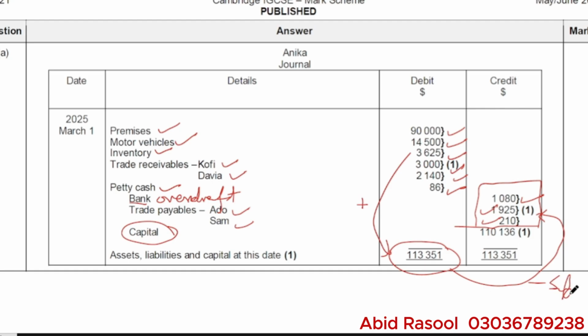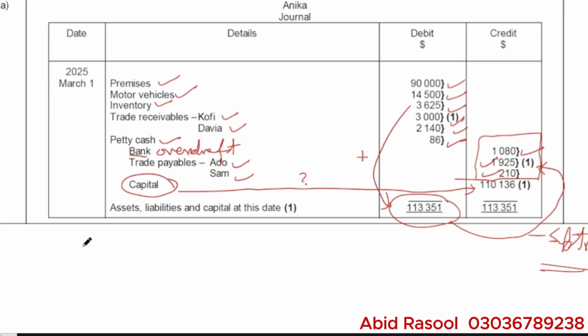Remember, because we have to find the capital balance. When we subtract these, we will get 110,136. This will be the value of capital. It is not given, we have to calculate it.